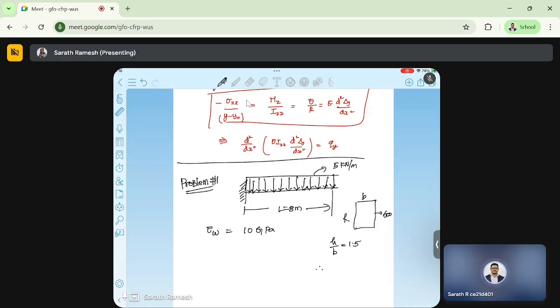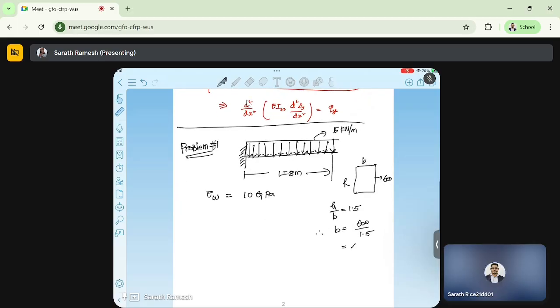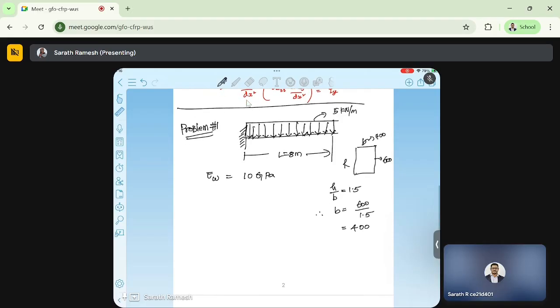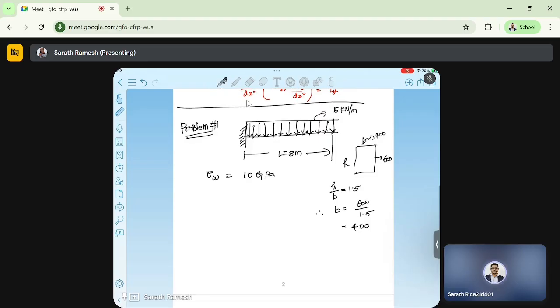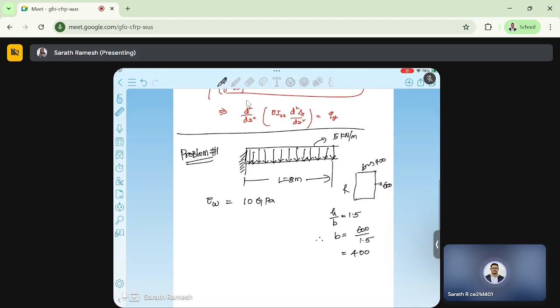So B will be 600 divided by 1.5, which will be 400. So B equal to 400. So this is what is given, and the loading, as I told, is 5 kN per meter.